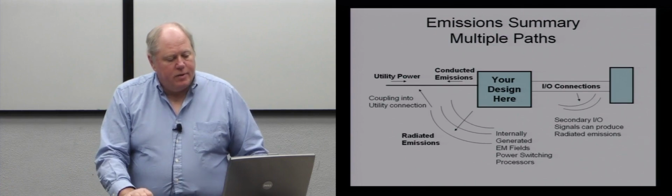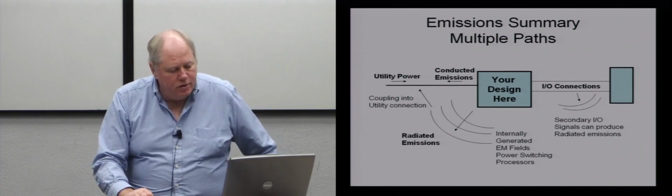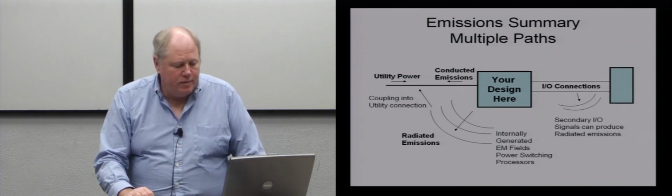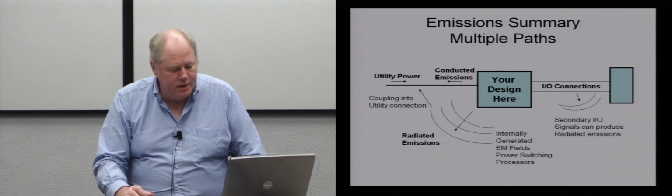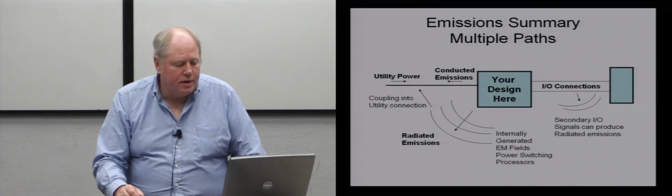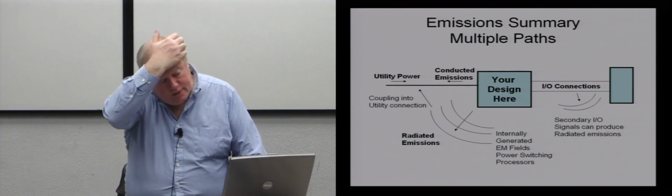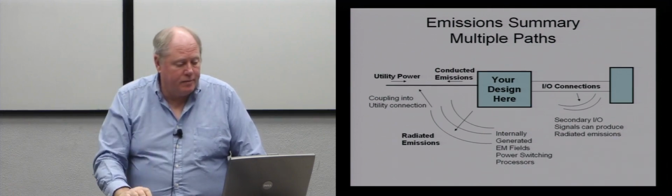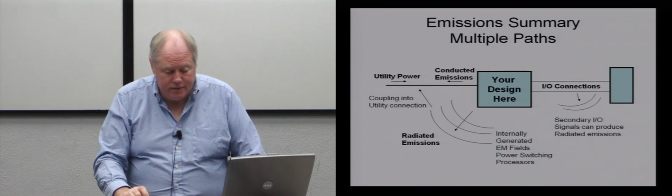So to summarize, you've got your device, and you have to worry about all these things for emissions. You're going to have to hook it up to the utility power, but you have to be nice to the utility in terms of what your device sends back to it. The power lines going to your device can radiate, and your device itself can radiate.